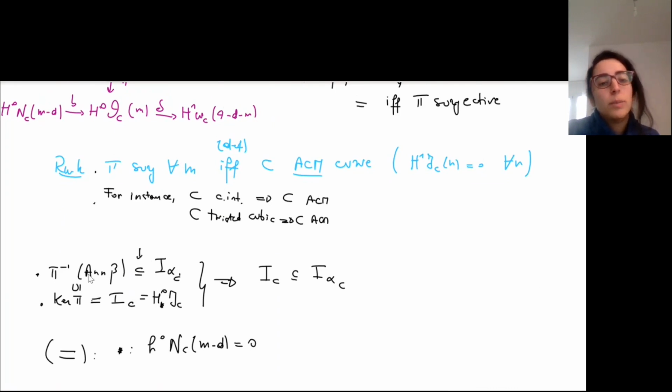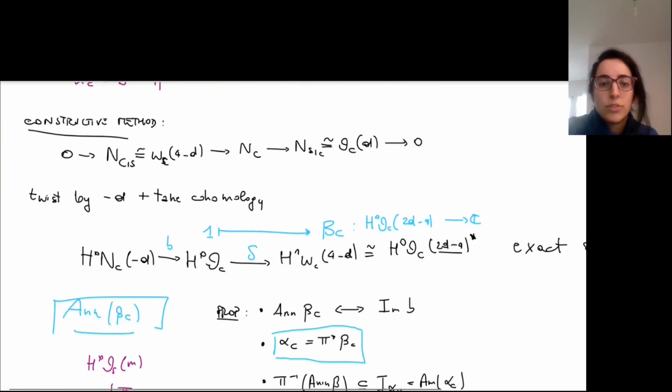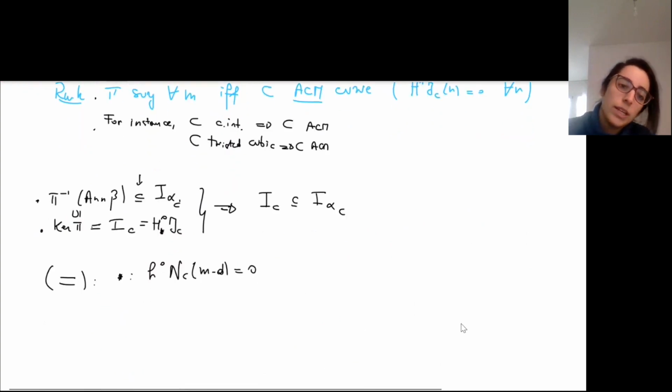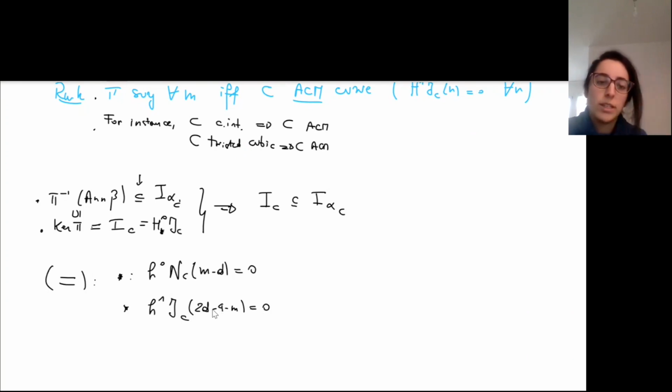So the equality here means that degree by degree pi is surjective, and pi surjective means that the dual is injective. So we can consider this condition: H1 of the ideal in the dual, 2d minus 4 minus m, is equal to 0. That means that the dual is injective, so pi at the level m is surjective.